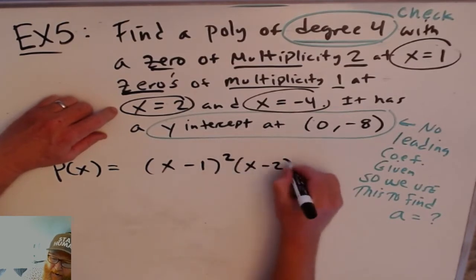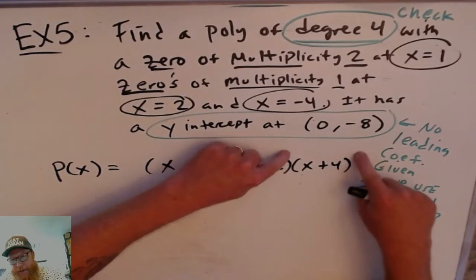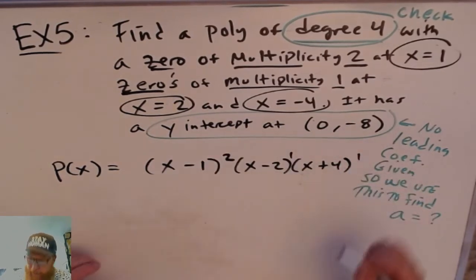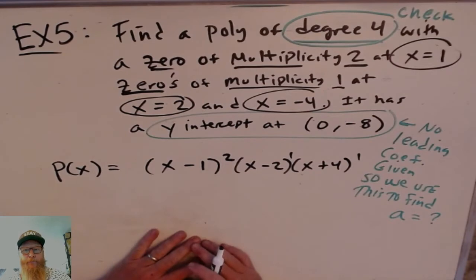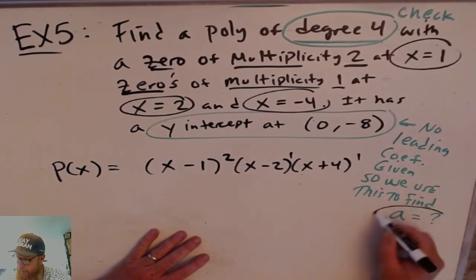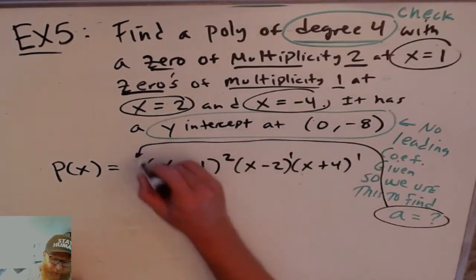So x minus 2, x plus 4, and these will both have power 1 if you like. Or just don't put a power at all. All right. We put A right here in the front.